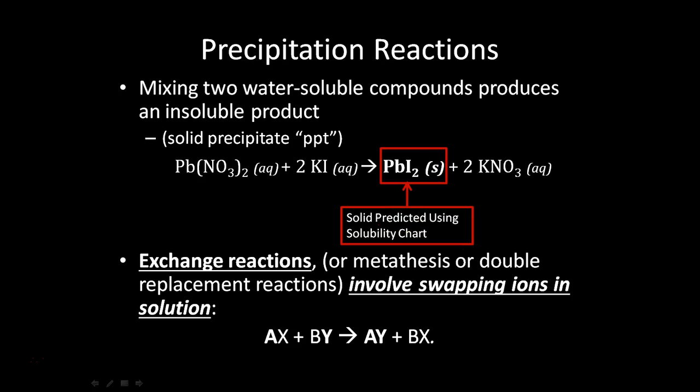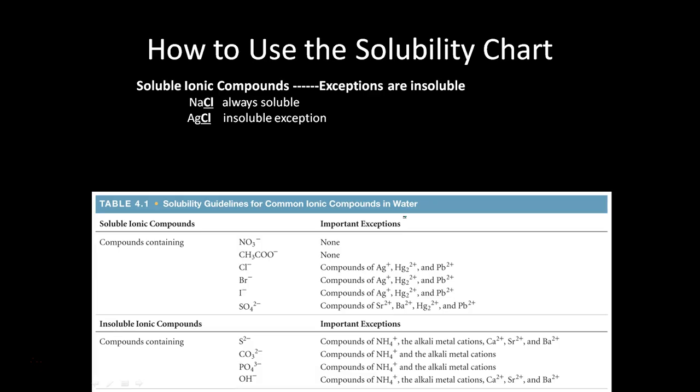But how can we predict what will actually form an insoluble product? Well, there's a table in your textbook that has solubility guidelines, Table 4.1, and you'll want to spend some time memorizing it. Notice the general trend here. It's got anions over here, cations over here. It says that compounds with these particular anions are soluble compounds, though there are some exceptions.